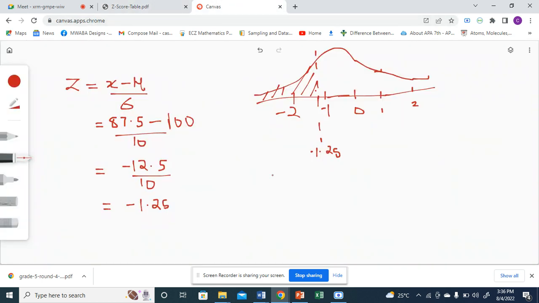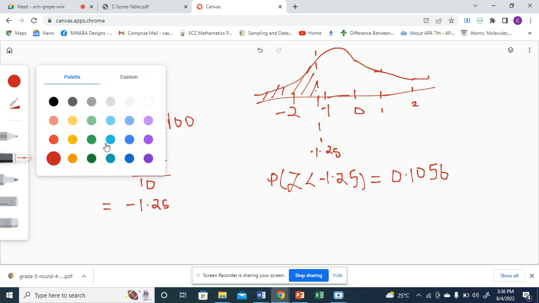So you're going to say the probability that z is less than negative 1.25 is 0.1056.